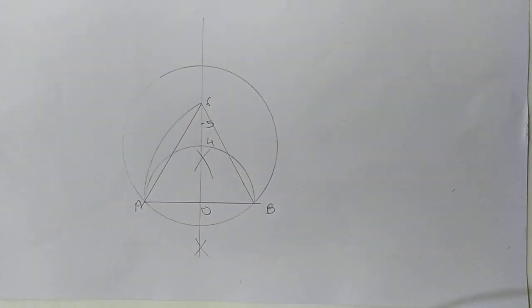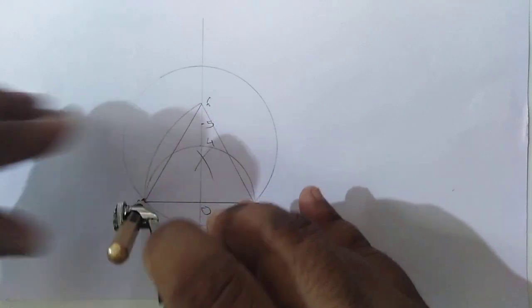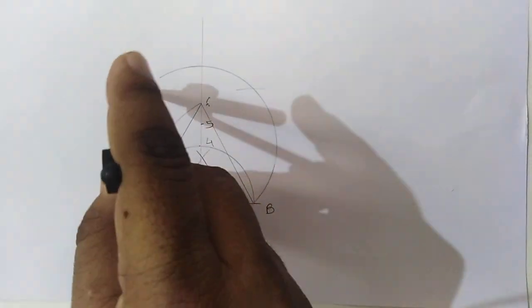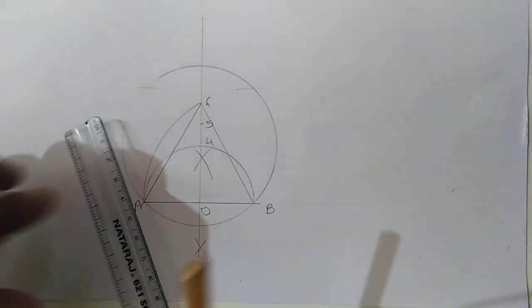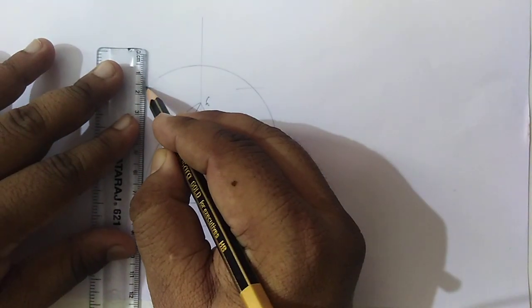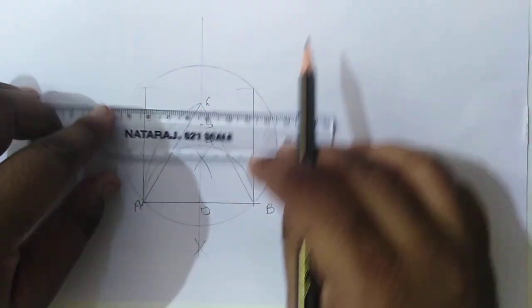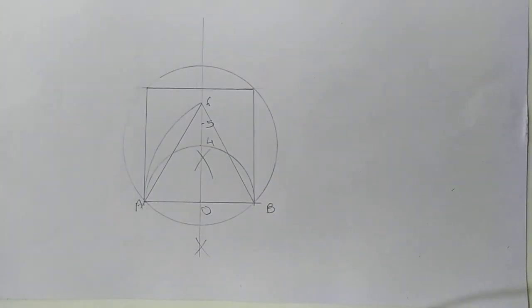Okay, now you have to take the base AB distance and make an arc from B and from A. Then you have to just join. This is a square.